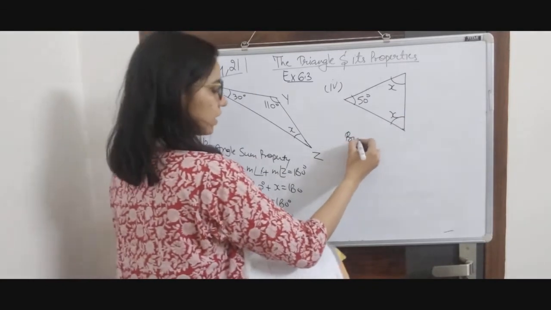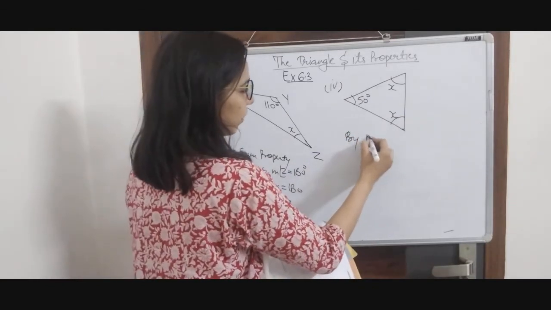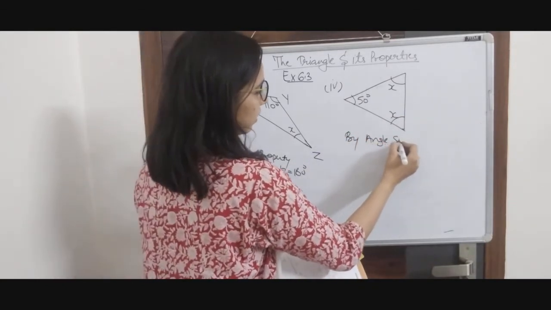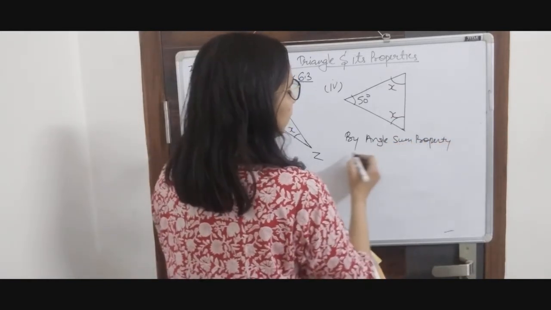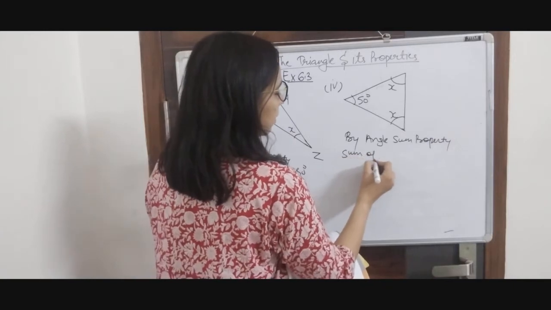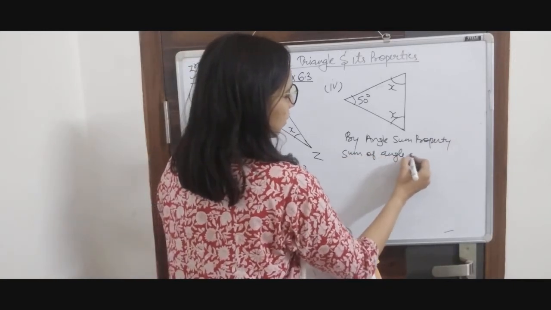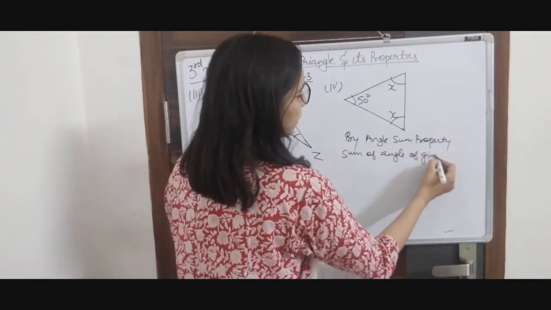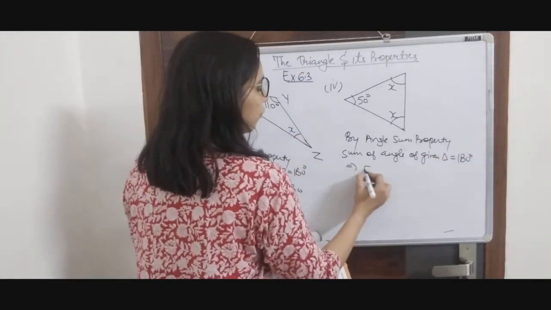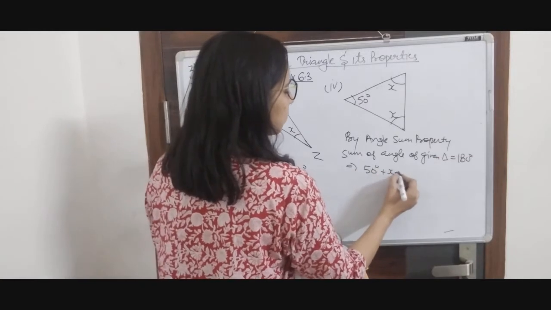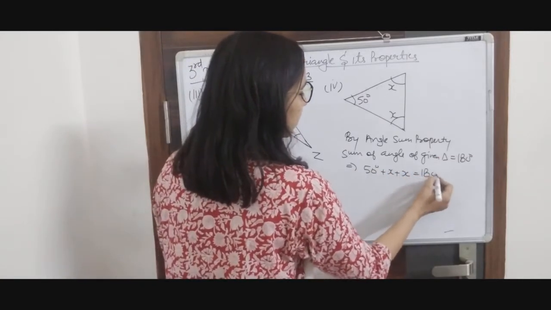So by angle sum property, and name is not given, so by angle sum property, sum of angles of the given triangle should be equal to how much? 180. It means 50 degree plus x plus x is going to be 180.